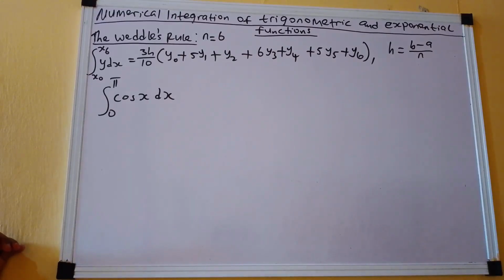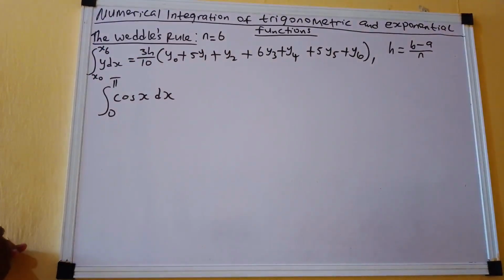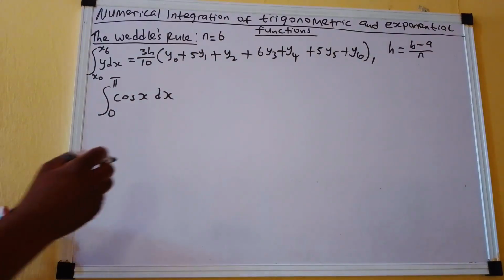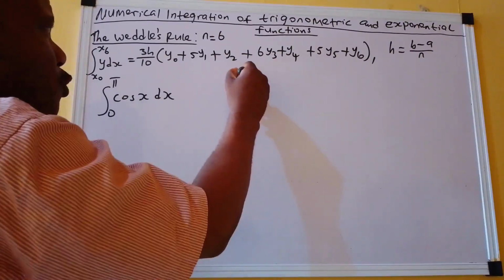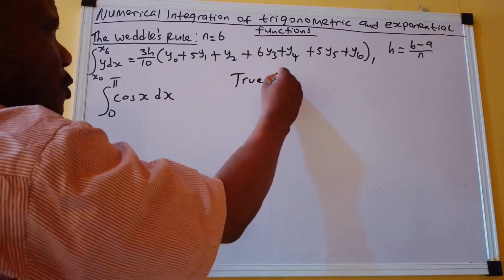The way we integrate them is quite different from the way we integrate other algebraic expressions. Now, the first thing we need to do is first of all go ahead and get the true solution of this particular problem. True solution.